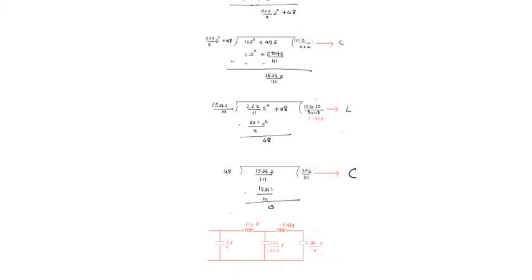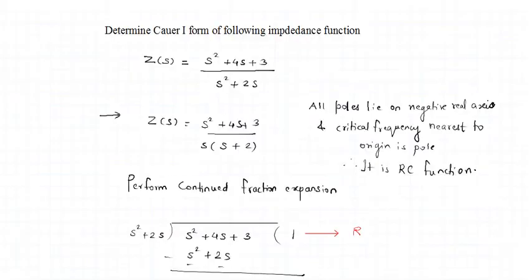Moving to the third example, we have been asked to form the Cauer 1 realization from the given impedance function. It is not mentioned in the problem whether this function belongs to RL, RC or LC, and hence it is essential for us to identify to which function this given system belongs. For that we'll analyze the poles and zeros.